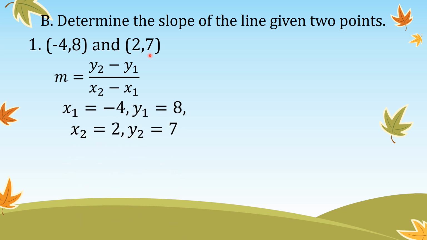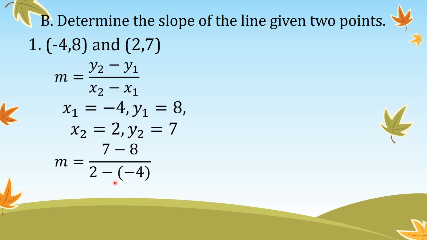So, what are the values? So, ang x sub 1 natin ay -4, ang y sub 1 natin ay 8. Ang x sub 2 natin ay 2, at ang y sub 2 natin ay 7. So, i-substitute natin to dun sa ating formula. So, y sub 2, 7, minus 8, all over 2 minus -4.